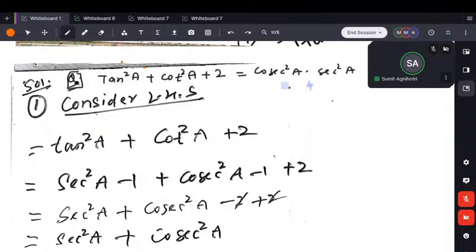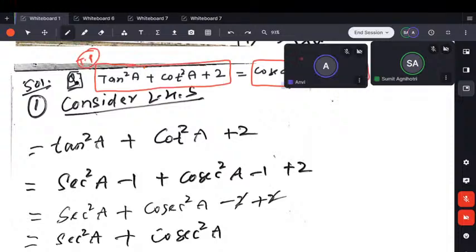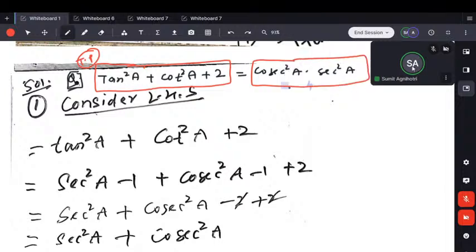Whenever we are supposed to prove such a question, you can either take LHS and prove it equal to RHS, or take RHS and prove it equal to LHS, or take both of them and prove them equal to some common value. These are the three things that we do.